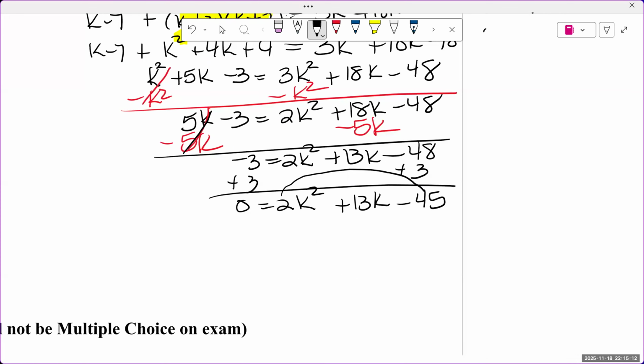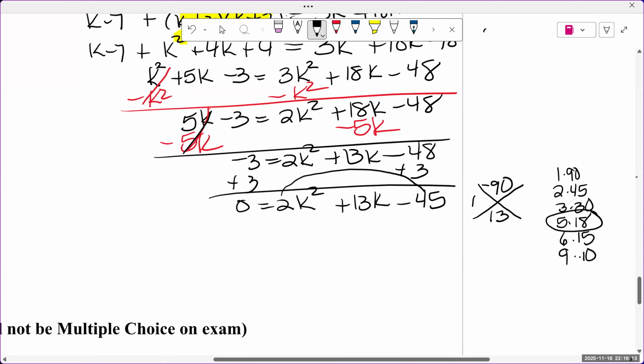Let's do rainbow. I need two numbers that multiply to get negative 90 and add to get 13. That is positive 18 and negative 5. So we did rainbow, diamond.